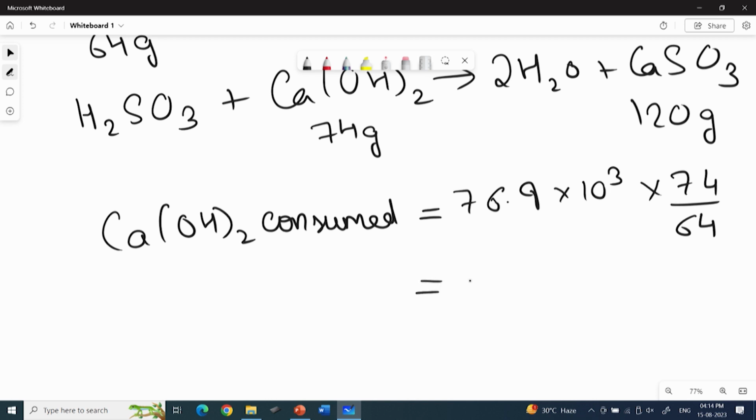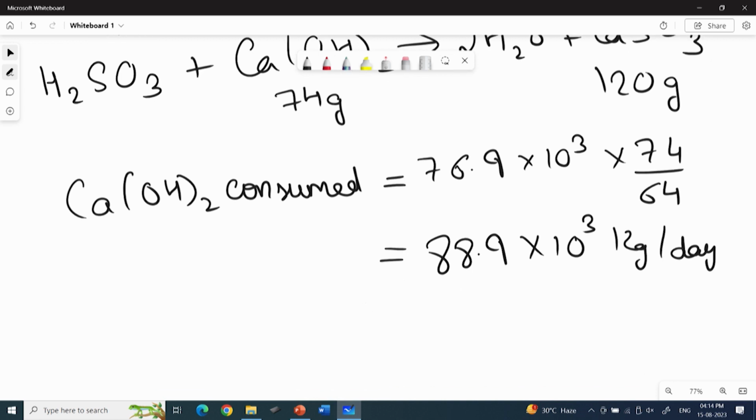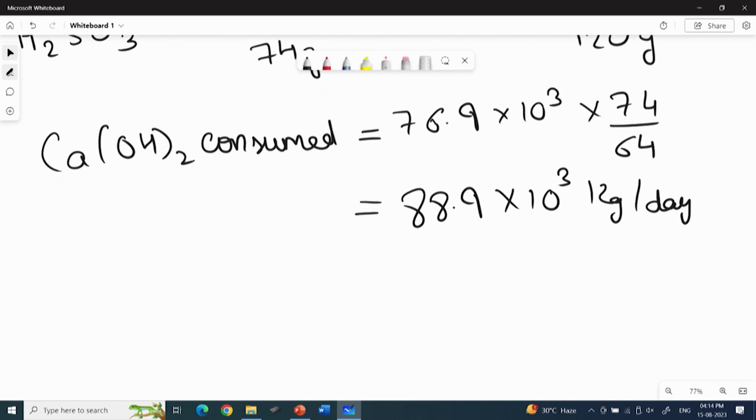This value would roughly come out to be 88.9 into 10 to the power 3 kgs per day. So, this is the amount of calcium hydroxide that would be consumed on a daily level. So, it would be around 88 tons per day, which is again a huge amount.